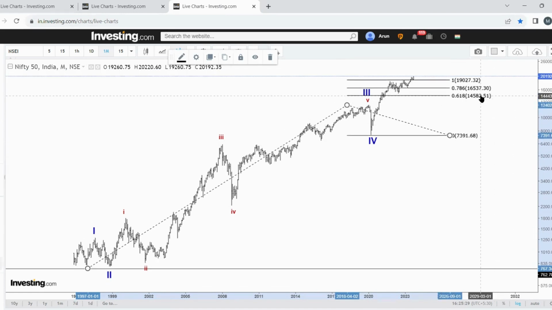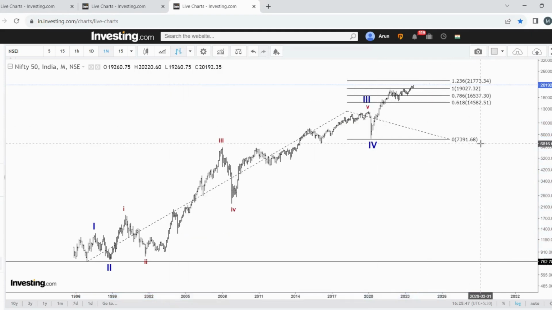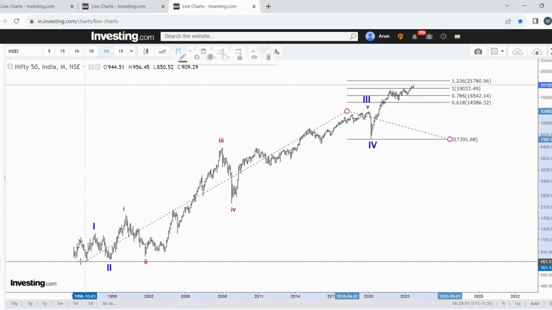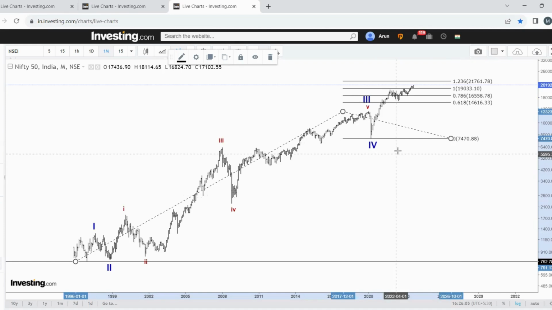So the next resistance will be 1.236, 21,700 odd levels. So 21,700 levels. We need to look for resistance at this level.